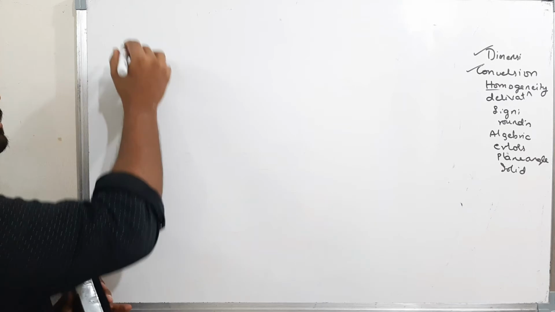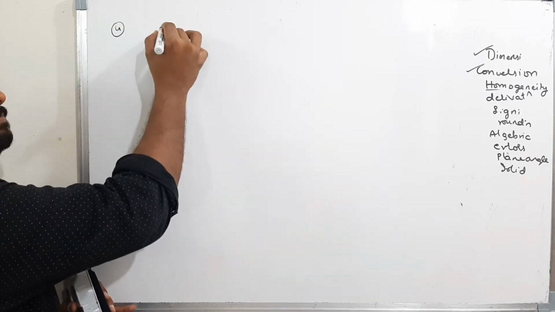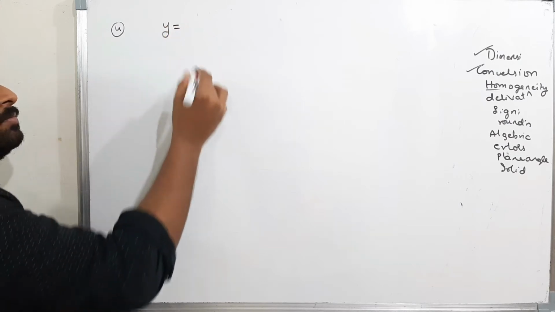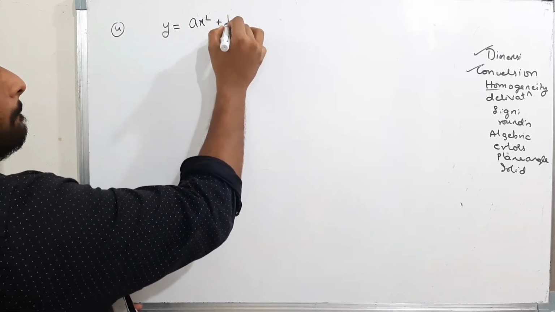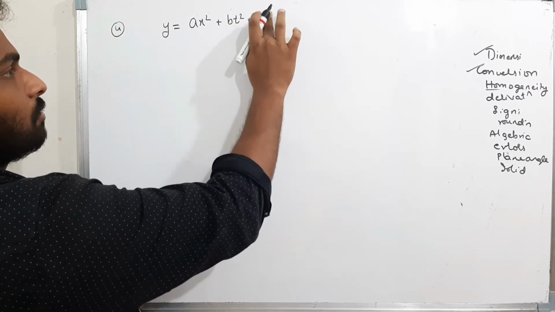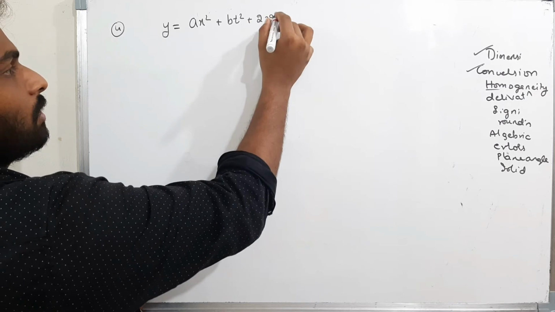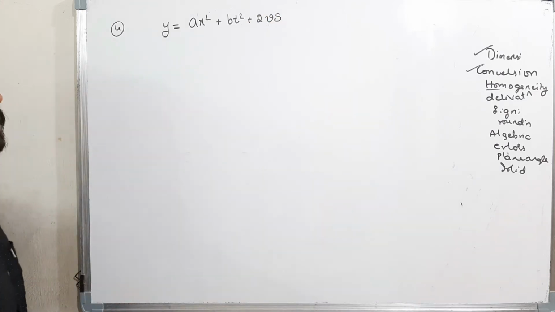Okay, now see here. First of all, we'll see a small problem. Y is equal to ax square plus bt square plus 2vs.